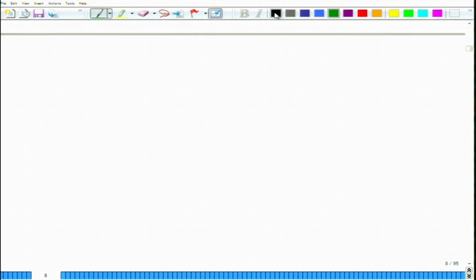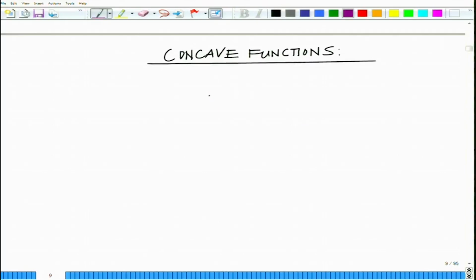Now, the classic example of a concave function is ln x, or basically log of x, the natural logarithm, log x to the base e.